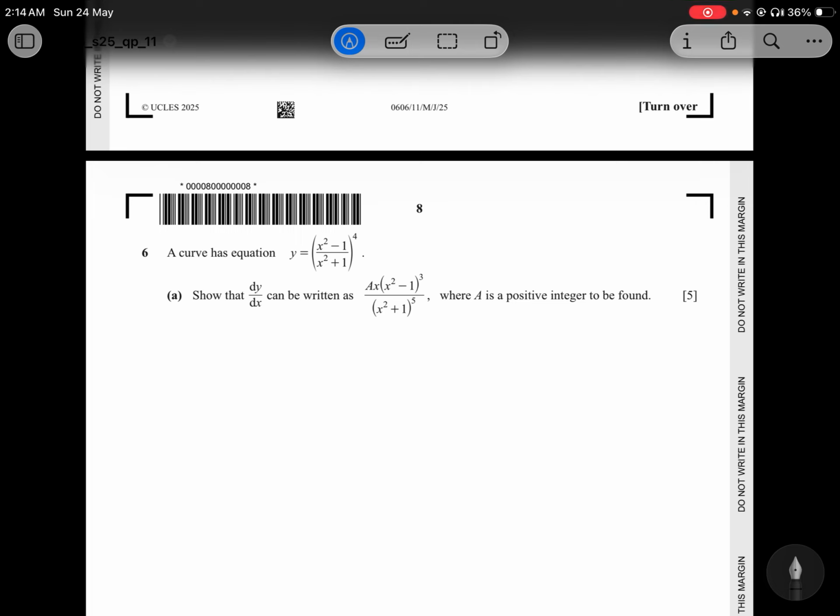Now question number 6. A curve has an equation, and dy/dx can be written as this function. It's a 5 marks question. Nice. So our y is given as (x squared minus 1) over (x squared plus 1), all to the power 4. It can be written this way, right?